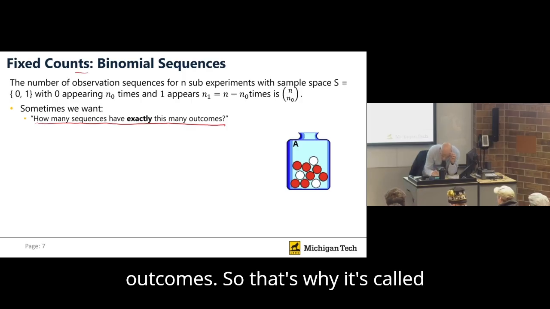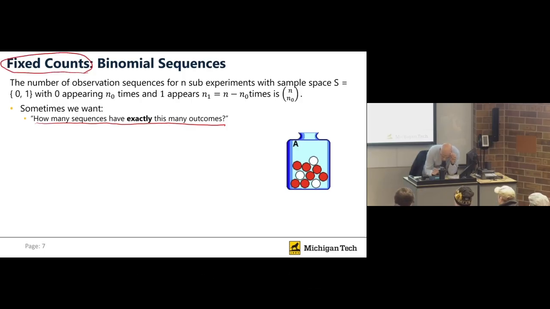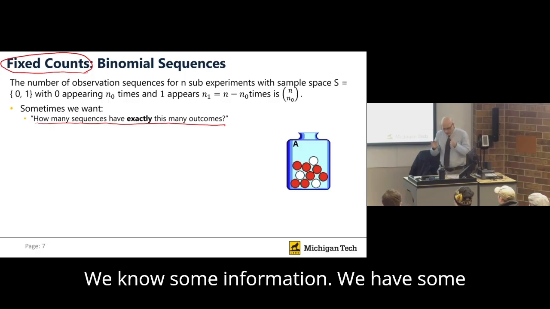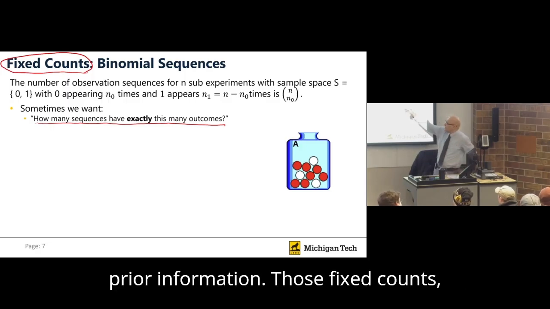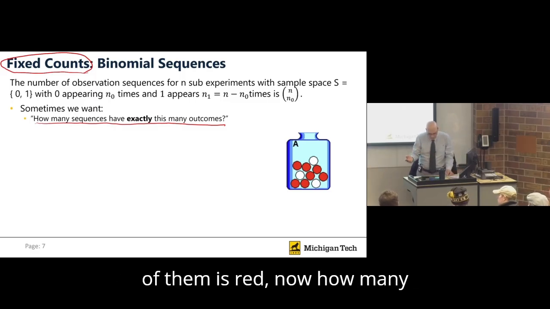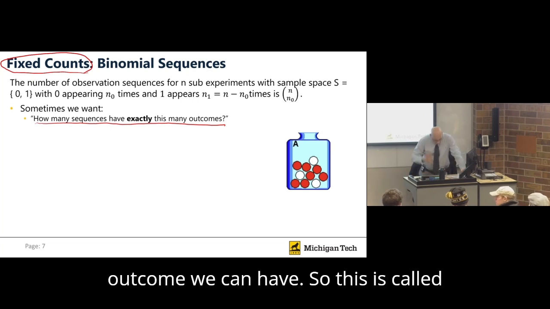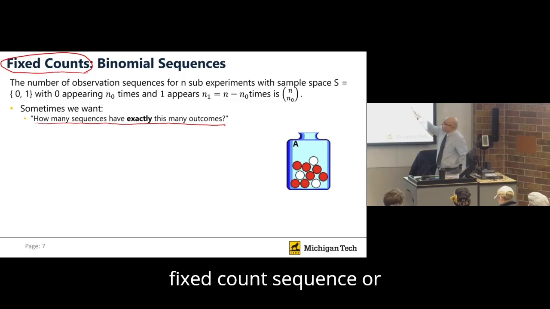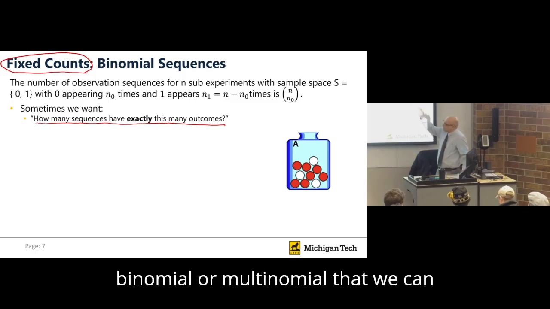That's why it's called fixed count. We have some prior information, those fixed counts. We want to see, if 2 of them are red, how many outcomes we can have. So this is called a fixed count sequence, or binomial or multinomial.